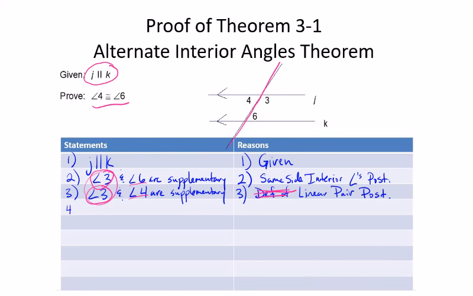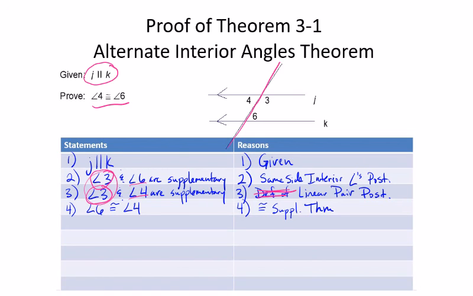So angle 6 must be congruent with angle 4, right? Because of the congruent supplements theorem. So congruent supplements theorem. I'll abbreviate here.